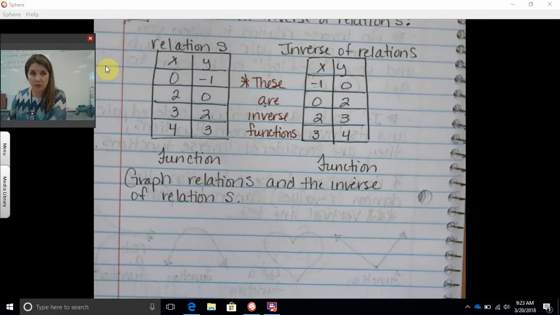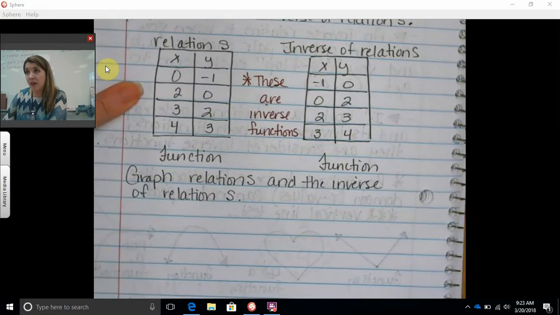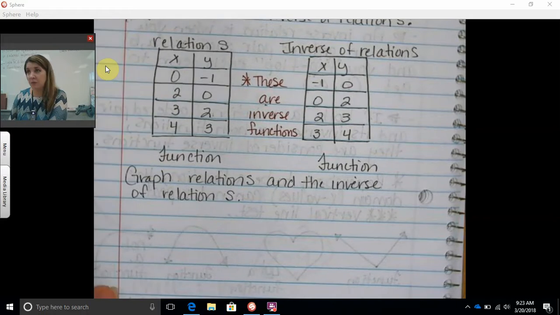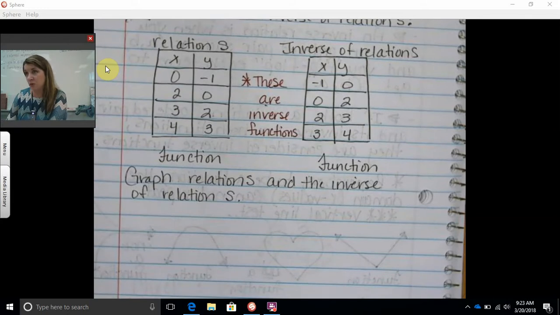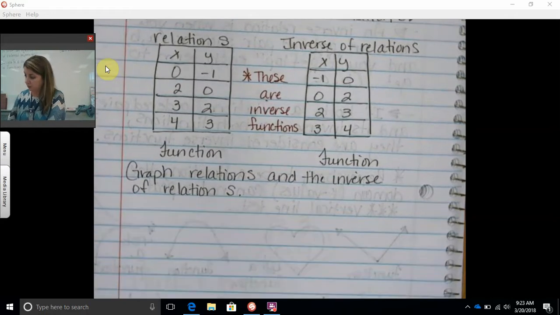So I'm showing you how you can look at a table of values and find the inverse, how you could graph the inverse, and then I'm going to show you what to do if you're given the equation instead of just ordered pairs and you have to find the inverse, okay? But now I'm just going to start with relation S.